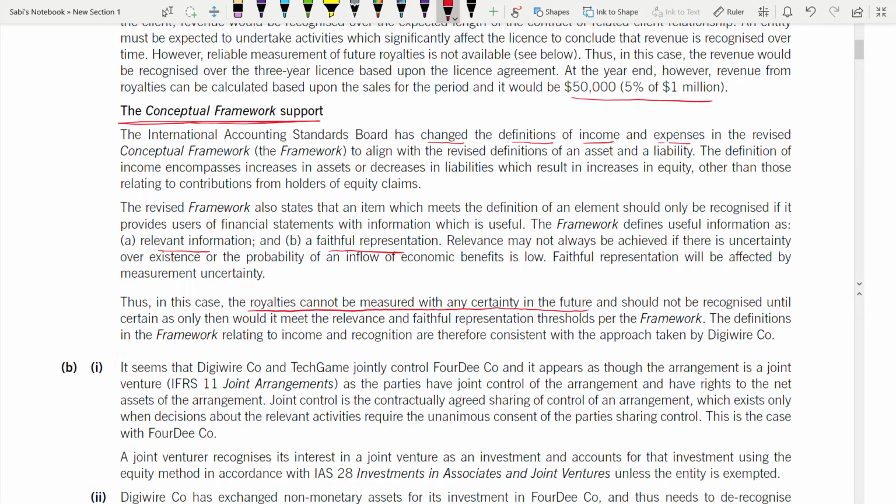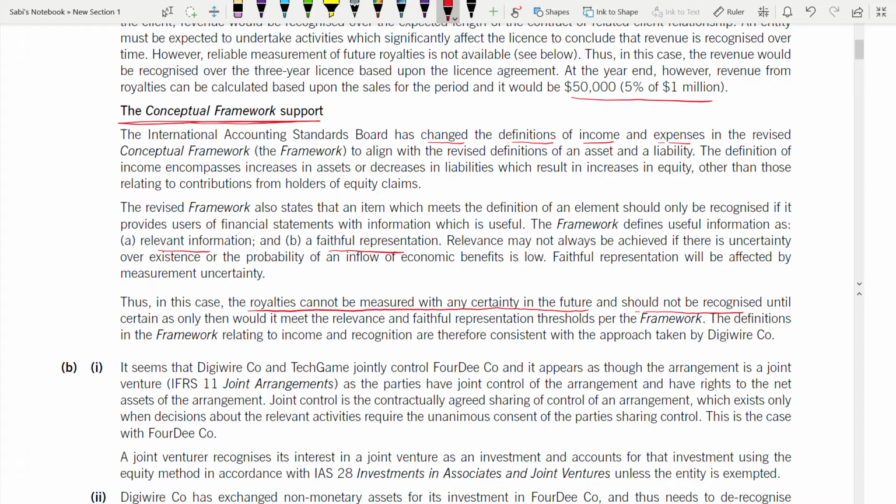No. Cannot measure royalty with any certainty in the future and should not be recognized until certain, as only then it would meet the relevance and faithful representation threshold per the framework. Yes, the framework says you only have to measure something when it is relevant and it's a faithful representation. But since royalty you cannot measure with certainty, you cannot include it, because if you include it, it's not relevant and it's not a faithful representation.